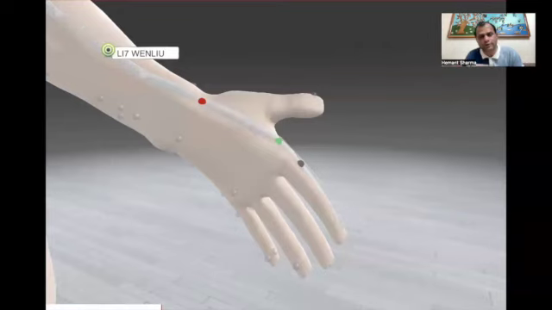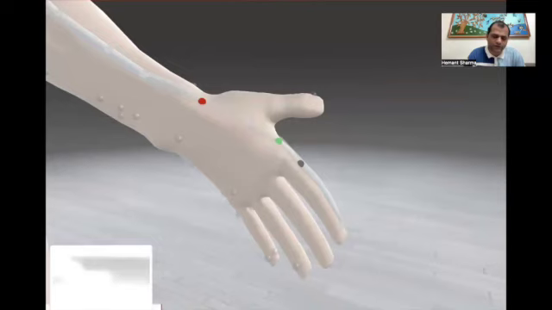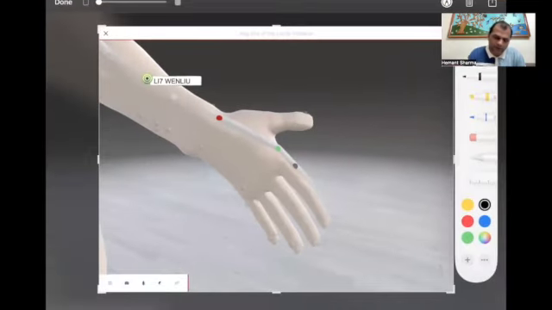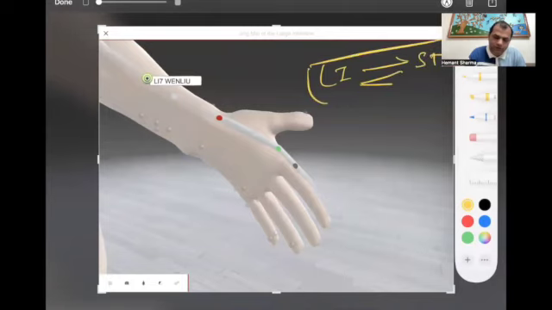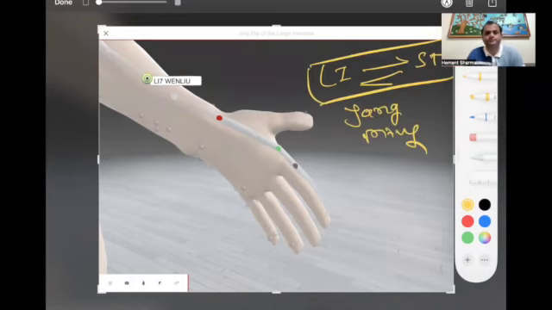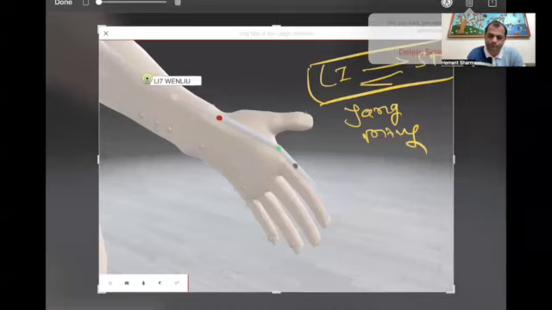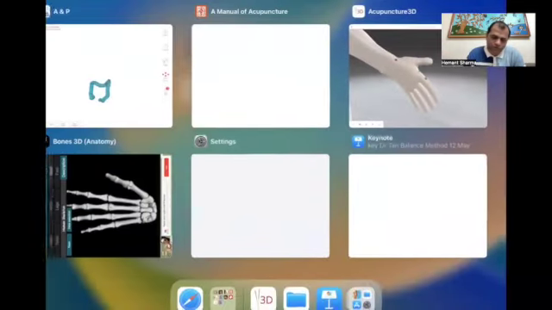The problem of the stomach will be treated in the large intestine, vice versa. So these both channels will be treating each other, right? LI will be treating ST and ST will be treating LI. Both channels will treat each other because both belong to one family. This family is called Yang Ming. So resolve the matter within the family. Don't take support of anyone.